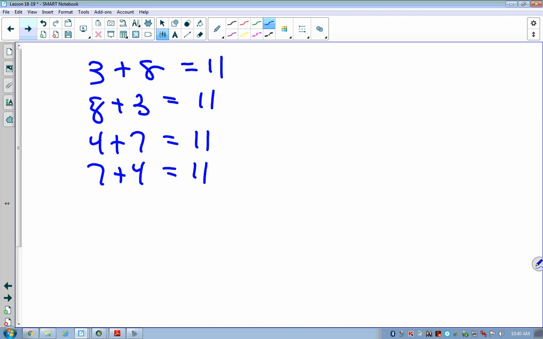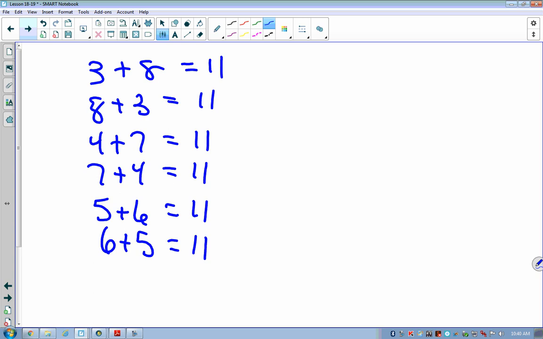Believe it or not, this is faster than the book's way of solving this. We've got 5 and 6, 6 and 5. Do we understand what we've done so far? It says when the digits are reversed, the number is 45 greater than the original number.